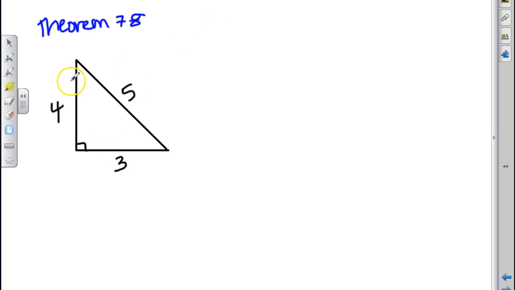Remember what we talked about in the section before. These two angles must be acute angles. They have to be smaller than 90 degrees, which makes this angle the largest angle, and the side opposite that angle has to be the longest side. So in a right triangle, the hypotenuse is the side with the greatest measure.